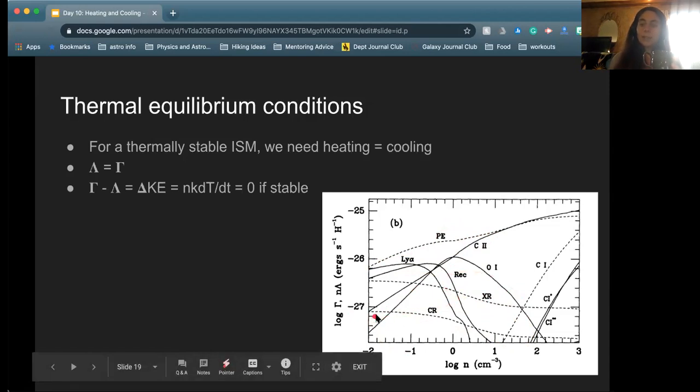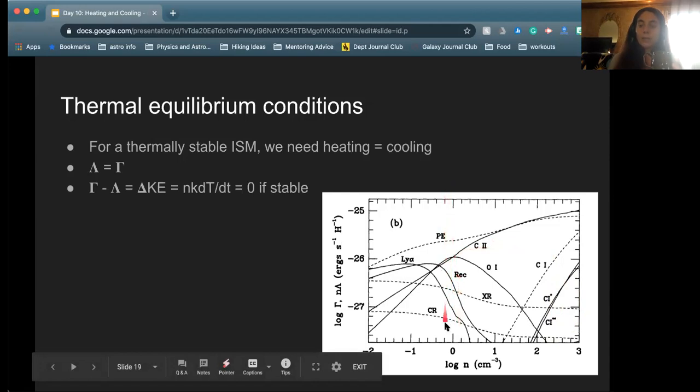Then they also show the different cooling lines. So our C+ here, our neutral oxygen here, some neutral carbon lines if you get to really dense conditions. In giant molecular clouds, you might have some neutral carbon lines as well. But essentially what we were just looking at.